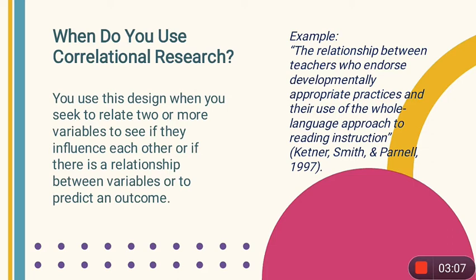From this sentence, by using correlational research, we can know the relationship between teachers and the use of the whole language approach to reading instruction, and the factor that influences both of them, each other.